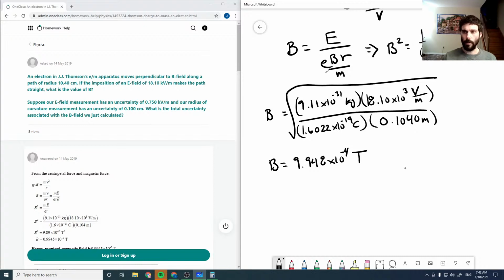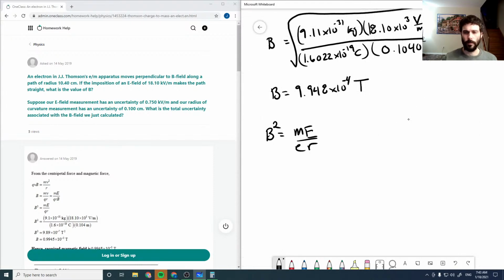Okay, so if we represent our B squared as ME over ER, and our mass and our electric charge don't have any uncertainty, then we can compute our uncertainty through just differentials.